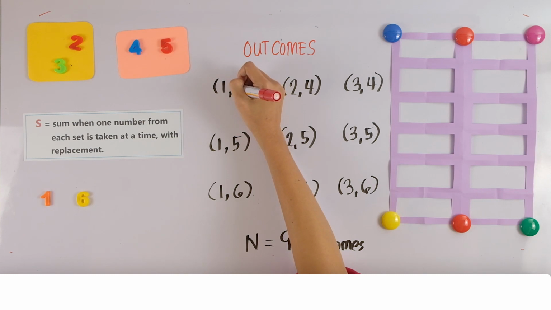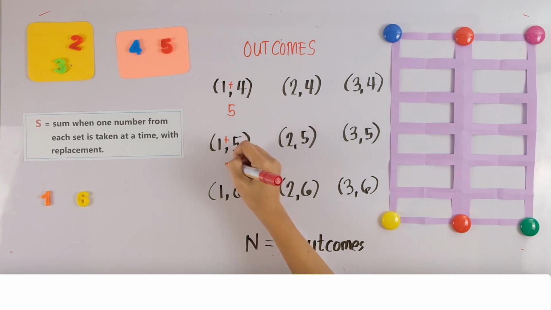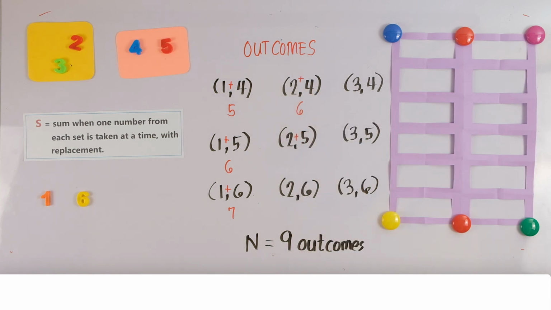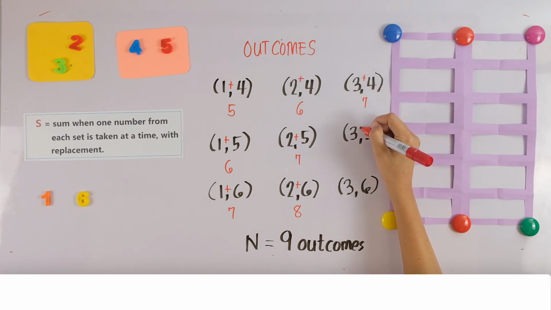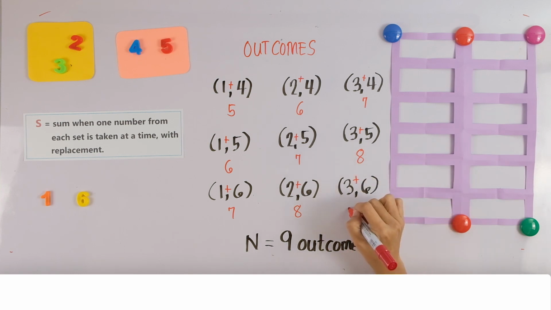We have here 1 plus 4 will give us 5. 1 plus 5 will give us 6. 1 plus 6 will give us a sum of 7. 2 and 4 will give us a sum of 6. 2 plus 5 is equal to 7. 2 plus 6 is equal to 8. 3 plus 4 will give us 7. 3 plus 5 will give us 8. And 3 plus 6 is equal to 9.